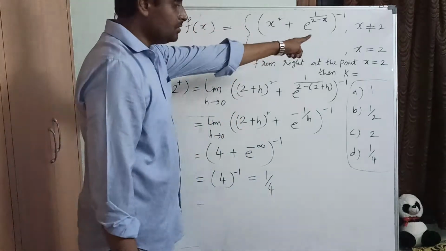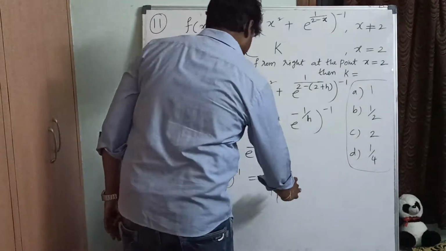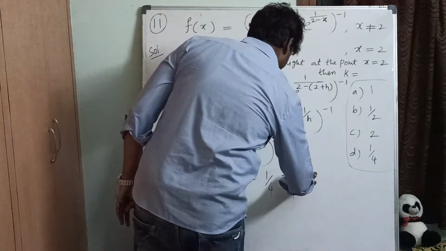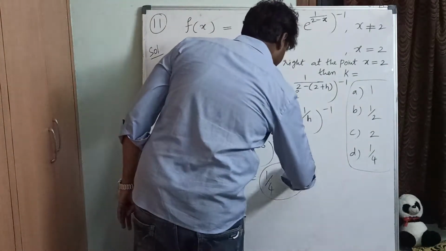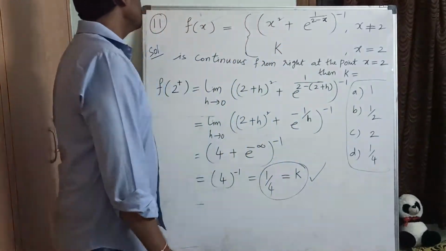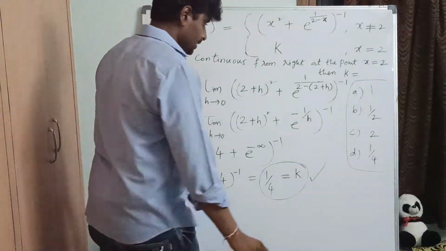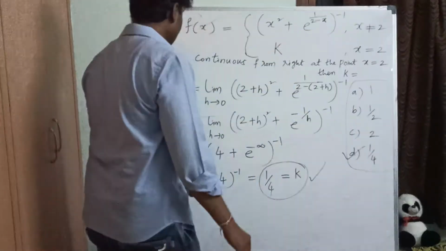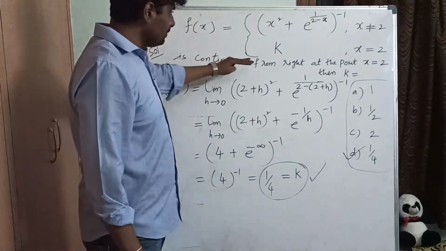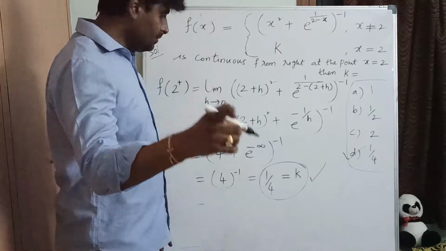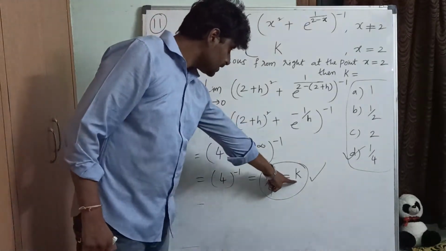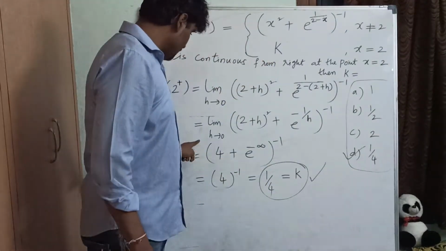So which is equal to functional value. So what is that? K. Clear? So which is the correct option here? Option D. It's very simple. It was given as continuous from right, so RHL must be equal to K. RHL I have found out.